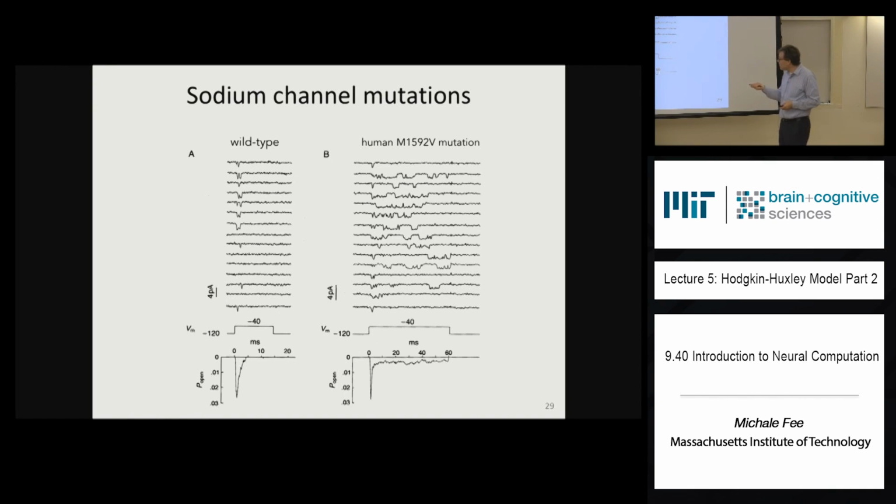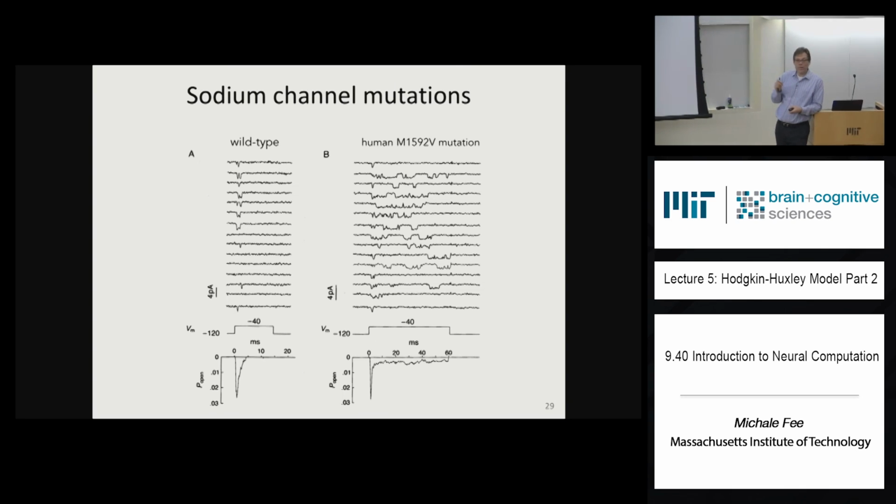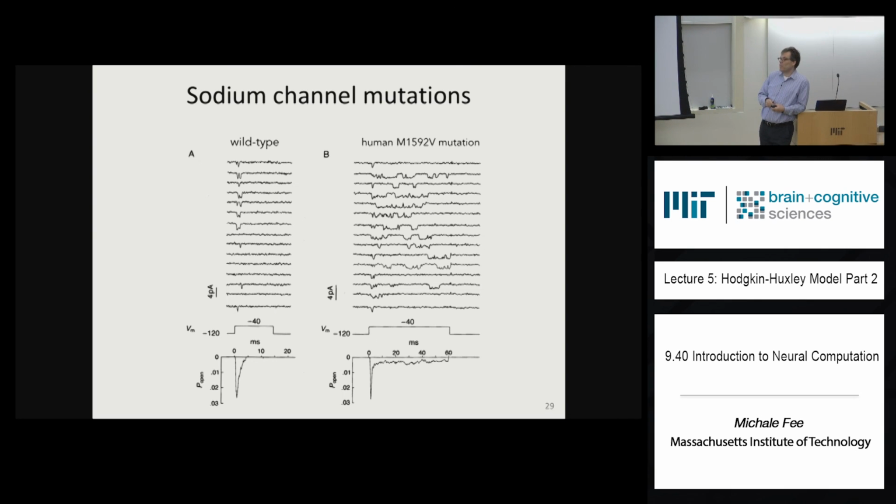And that's what causes all the problems right there. In these conditions, that only represents about a 2%, a 0.02 probability of turning on at a time when a normal muscle fiber would be inactivated.